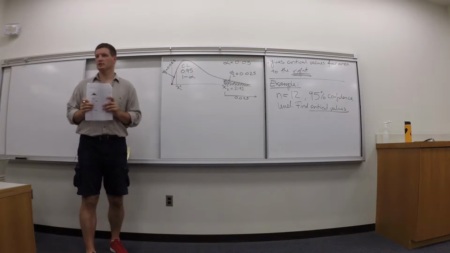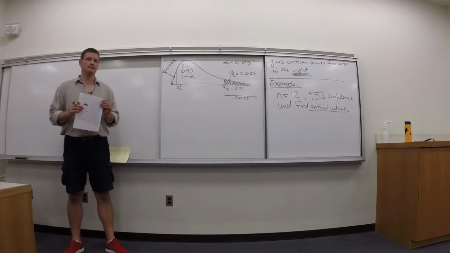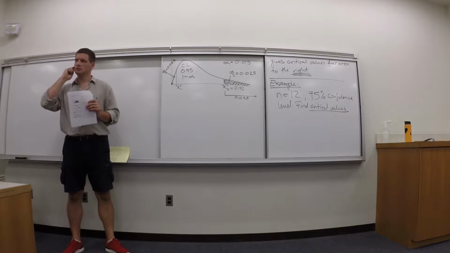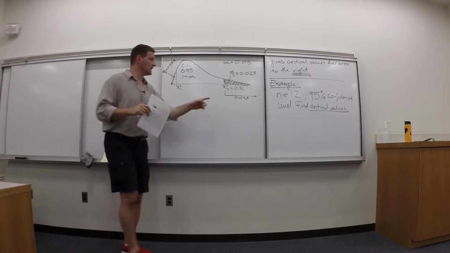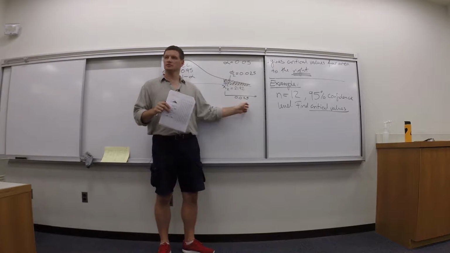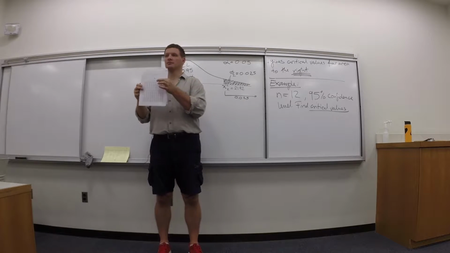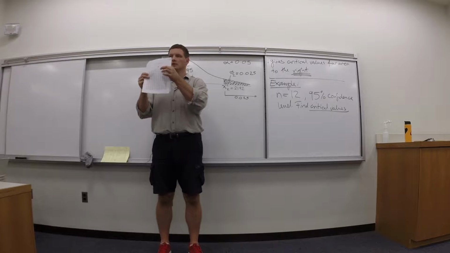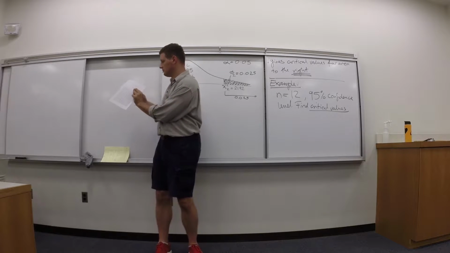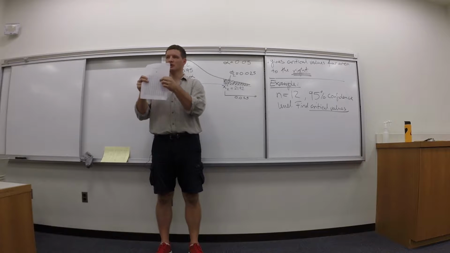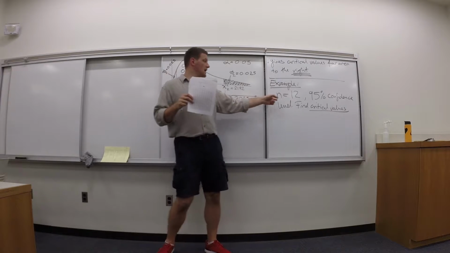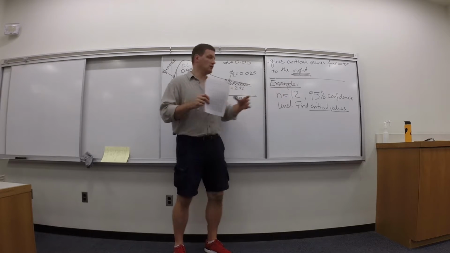Is everybody comfortable how we got there? You're looking at the top, you're looking into the third column from the right, right? Third column, 1, 2, yes, from the right. And you're going down to n is 12.